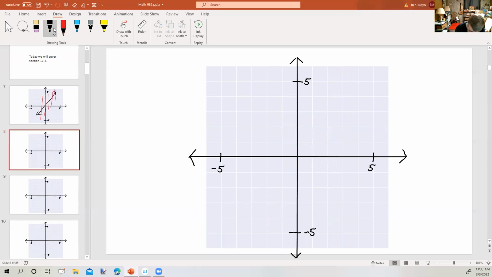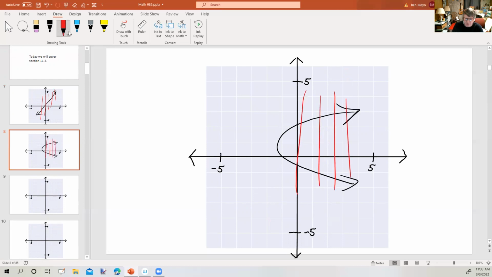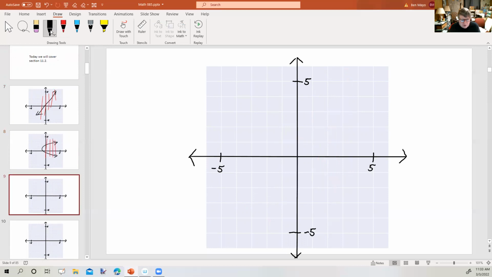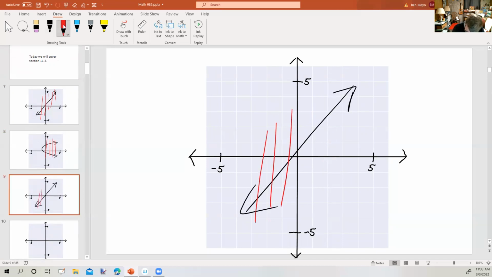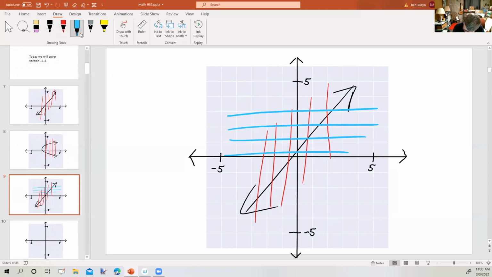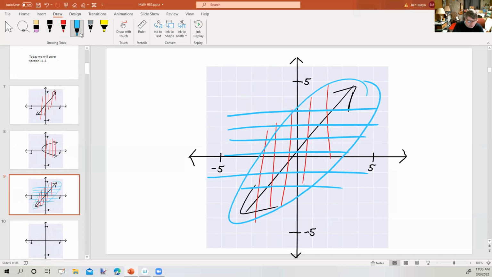Whereas this fails the vertical line test, so it's not a function. Well, for a function to be one-to-one, not only does it have to pass the vertical line test, but it must also pass the horizontal line test. So this linear equation, linear function, is in fact a one-to-one function.